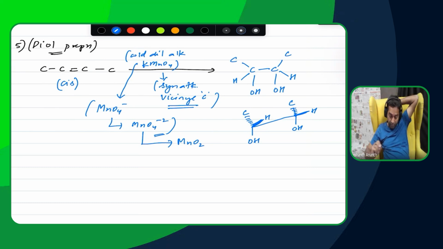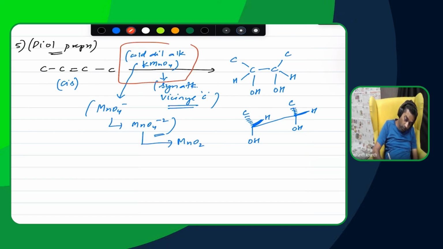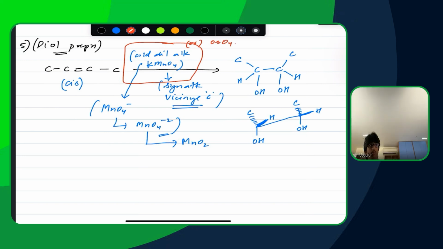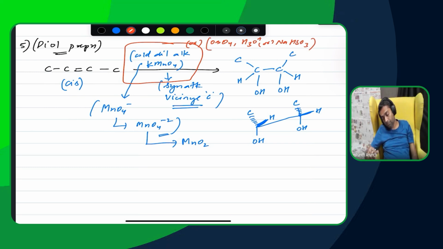The same thing can also be obtained by using a different reagent. What is the different reagent you can use? You can use osmium tetroxide followed by sodium bisulfite. That also results in the same syn attack on vicinal carbons.